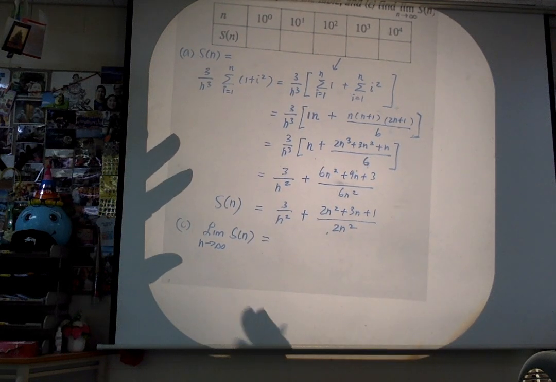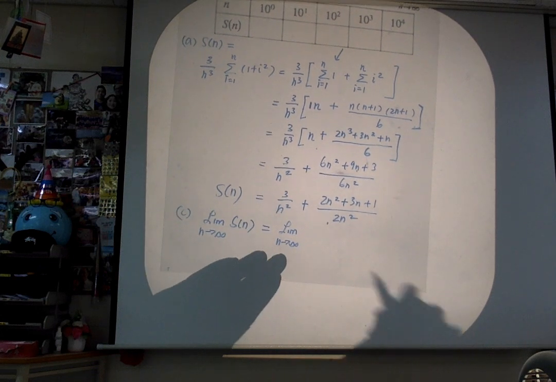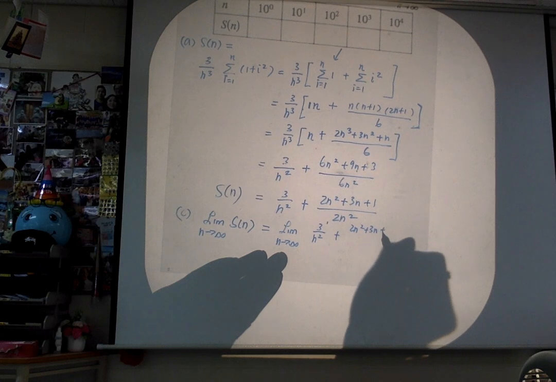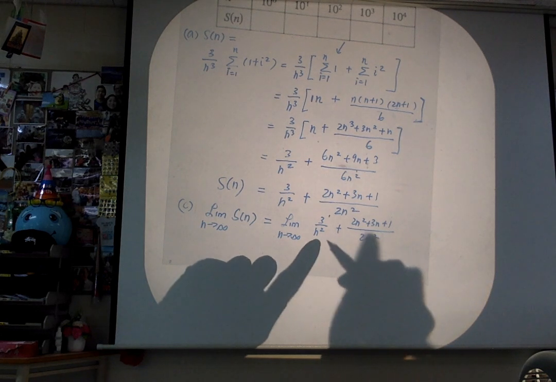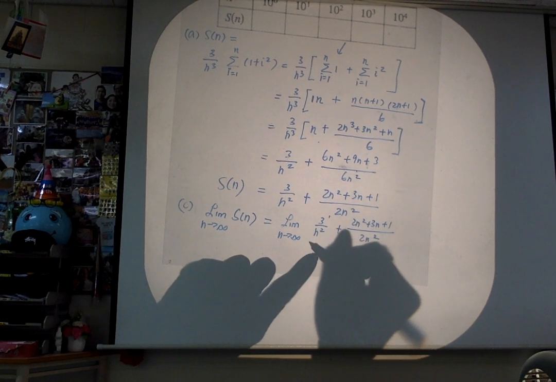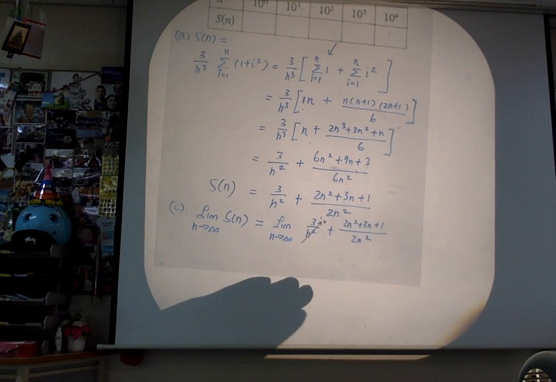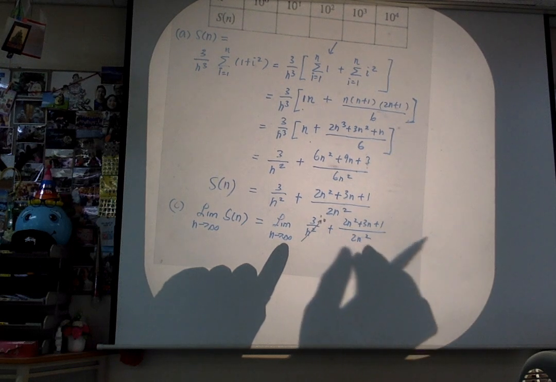So what do we do? Look, you guys. That means they want us to find the limit as n approaches infinity of 3n squared plus 2n squared plus 3n plus 1 all over 2n squared. And you know how to do that. Let's do this. You guys, 3 over n squared, you're right, it approaches 0. And you remember this part too? How do you find the limit as n approaches infinity? You're right.